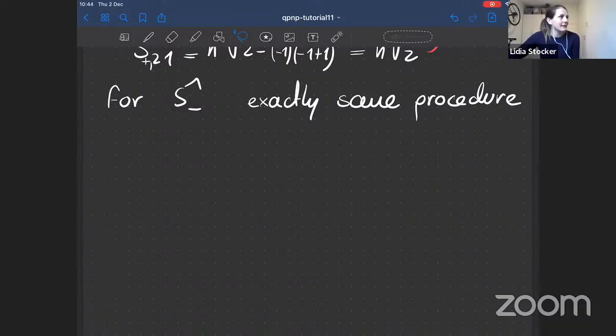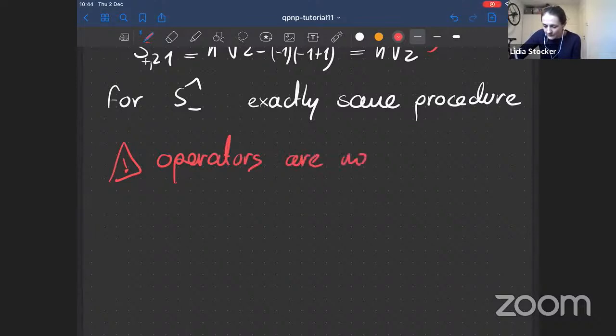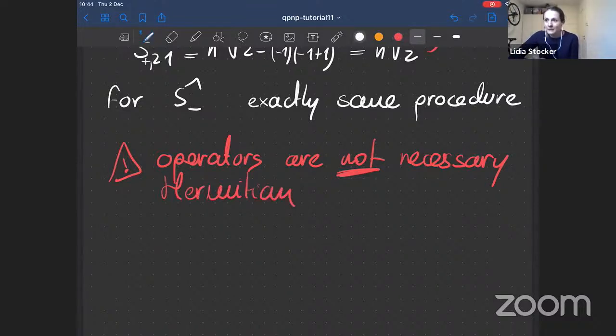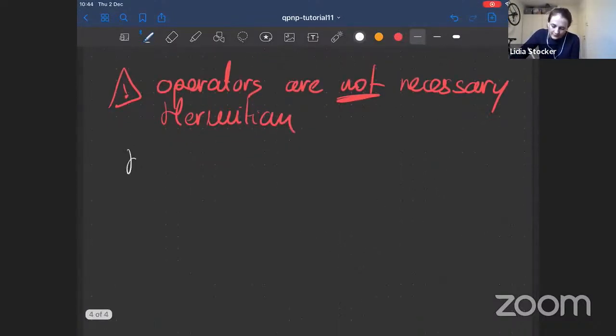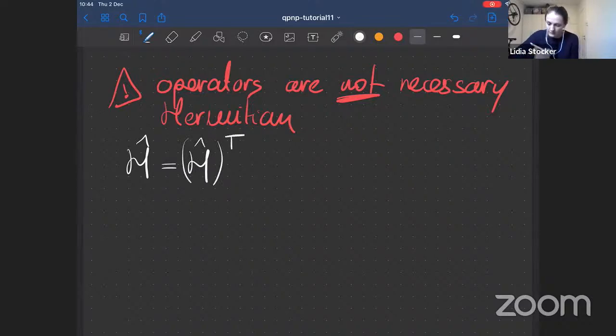Great. Then, another comment is attention: operators are not necessarily Hermitian. Why am I telling you this? Because for the Hamiltonian, we know that this is equal to the transpose conjugate, which we write like this.